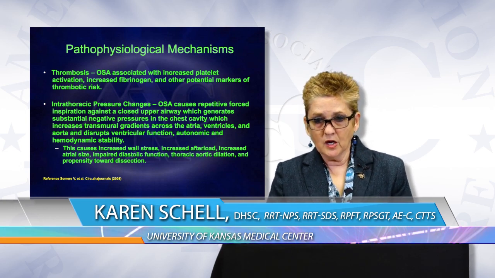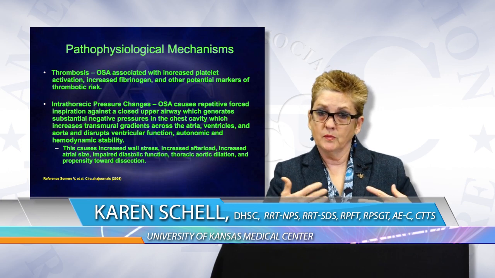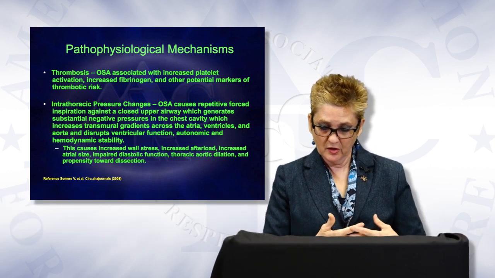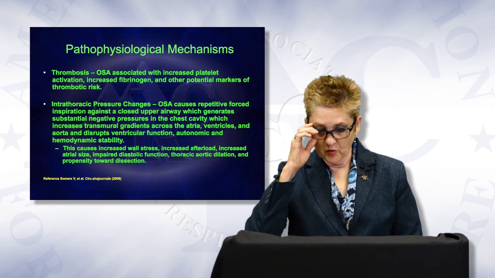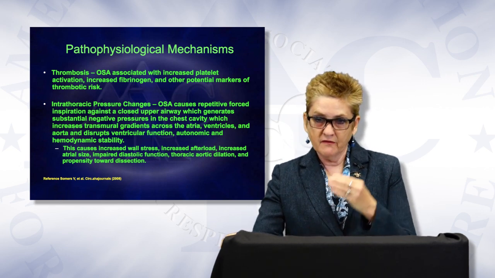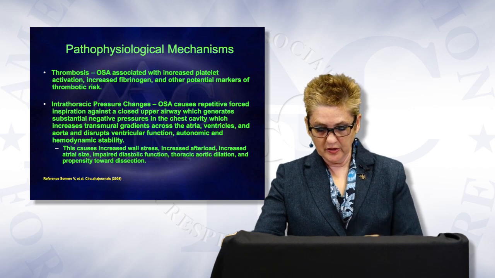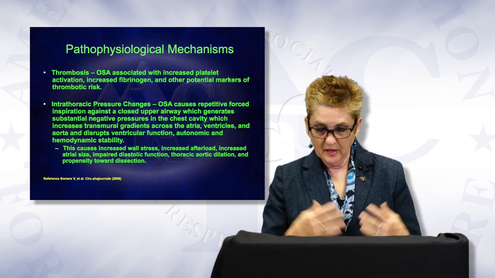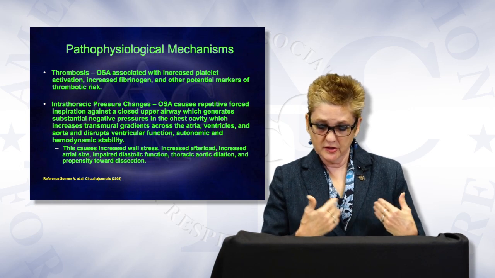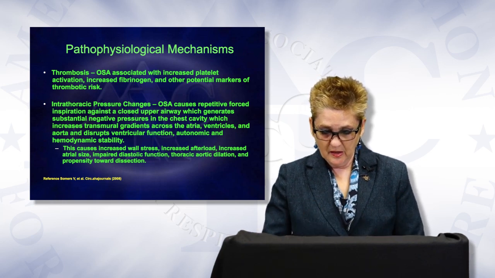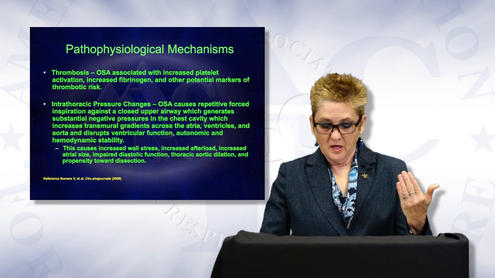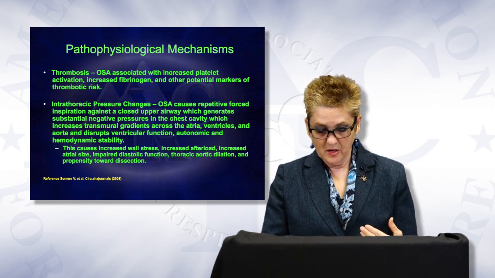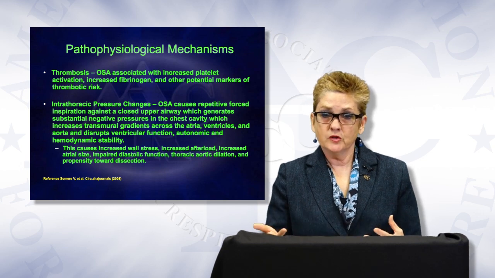This really causes increased stress to the walls of the heart, and that can lead to congestive heart failure because our pumping mechanism isn't working as well. We can have an increased afterload and an increased atrial size because the heart has to work harder and the wall strength has lost its ability, and there is also impaired diastolic function and thoracic dilation, which can lead towards a dissection.